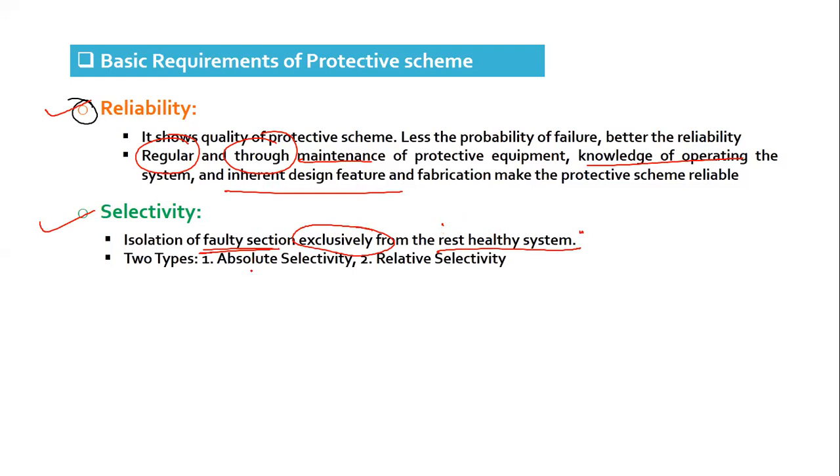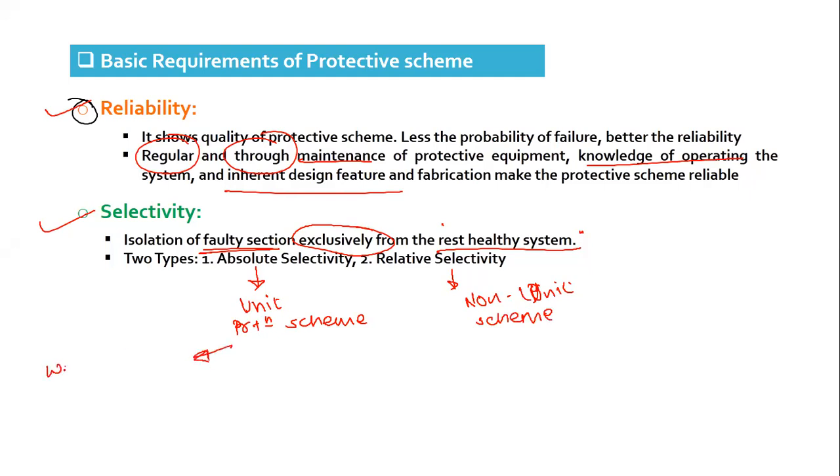And there are two types of selectivity. Absolute selectivity is a property of a unit protection scheme, and relative selectivity is a property of a non-unit protection scheme. What is a unit protection scheme?